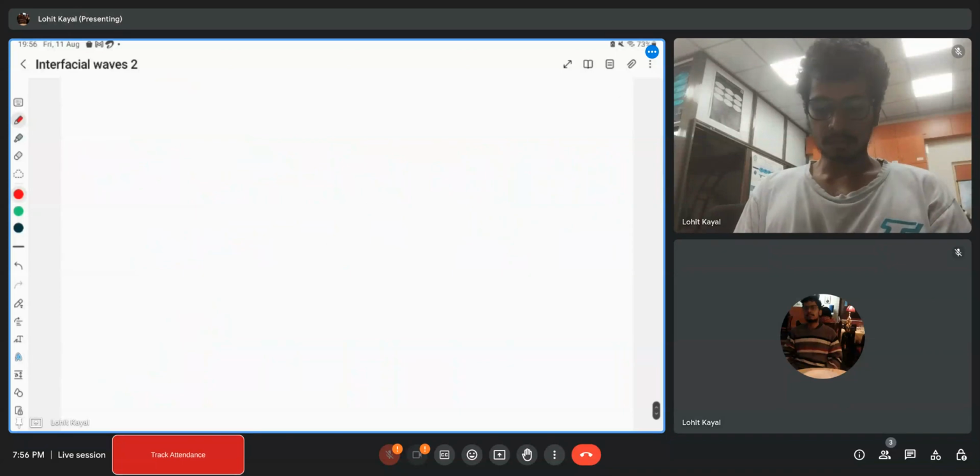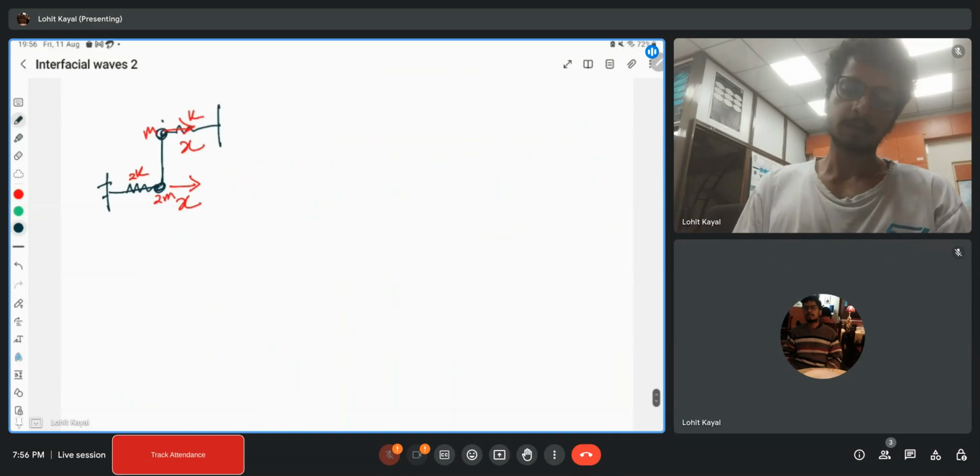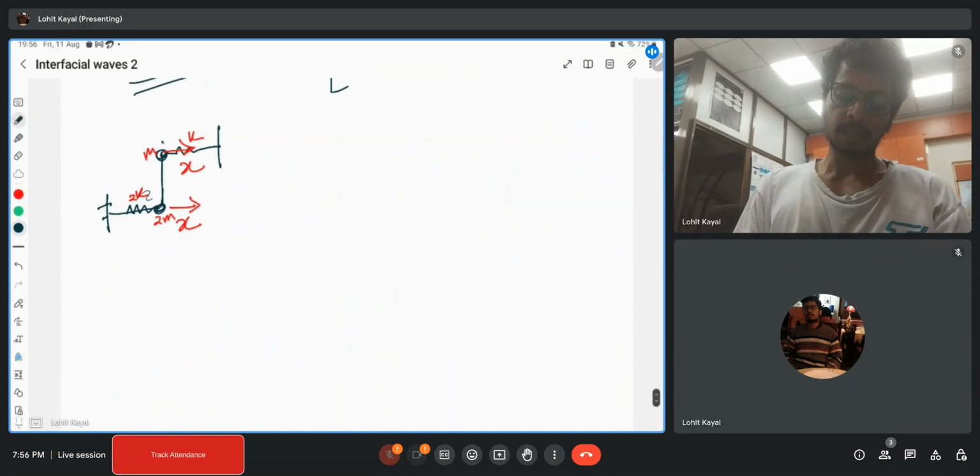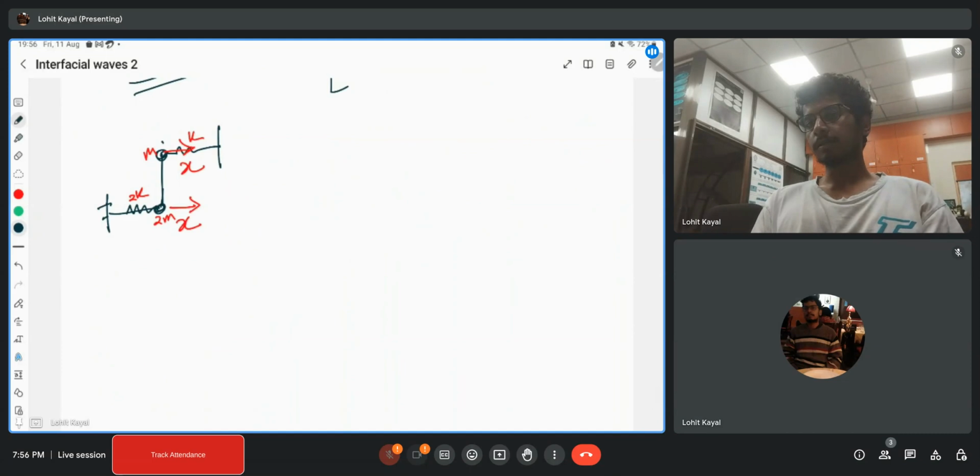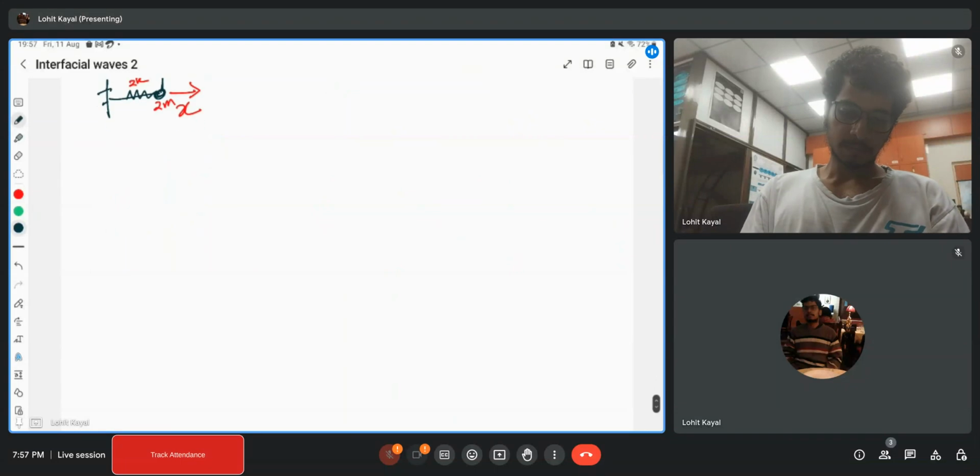Now let's solve exactly the same problem, but now consider a symmetric problem. Symmetric problem means now instead of 2k and 2m, I will consider that both springs have the same spring constant k, and both masses have the same mass m. So then let's redo the problem.